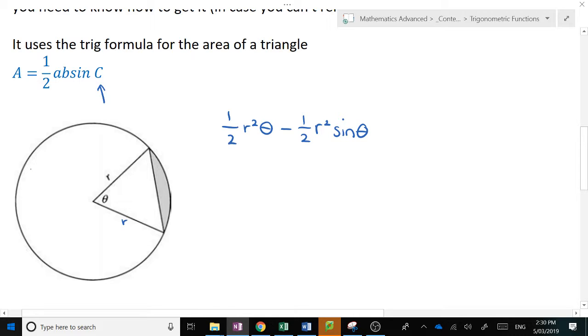So you see that the half r squared is in both of them. So I can take that out as a common factor: half r squared, bracket, theta minus sine theta. And that's the formula we're going to use today.